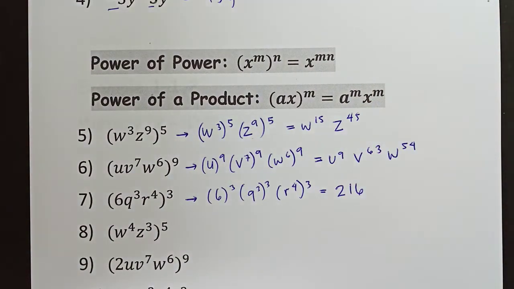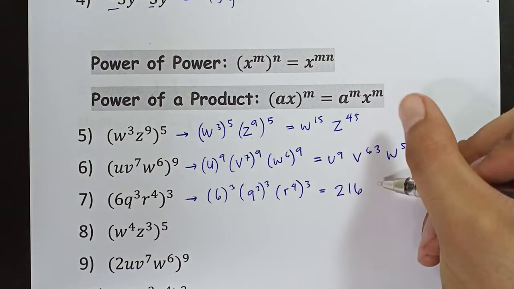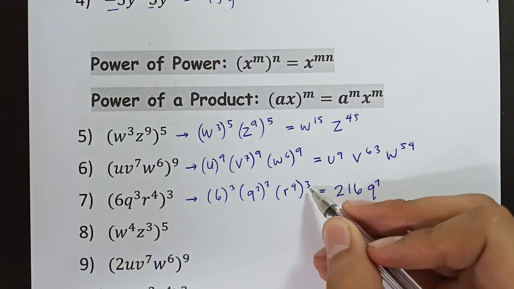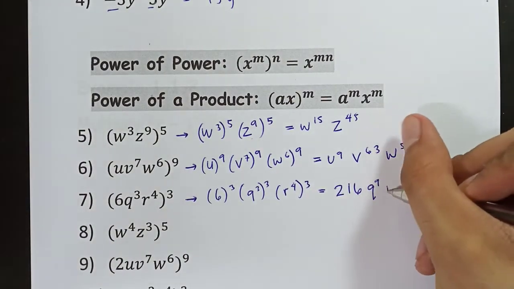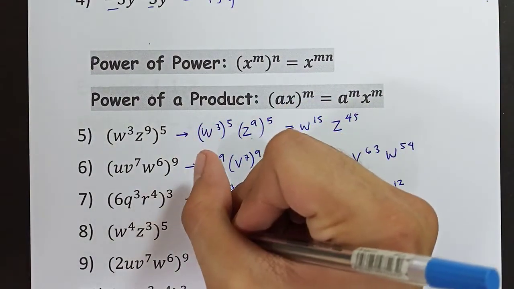And q, ito 3 times 3 lang, 3 times 3 is 9. So magiging q raised to 9. Then 4 times 3 is 4, 8, 12. So r raised to 12. Gets? Next, number 8.